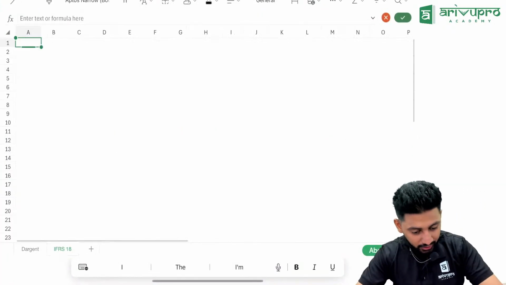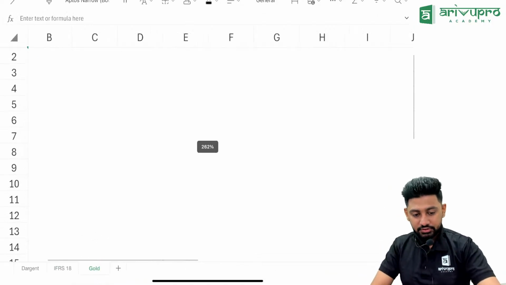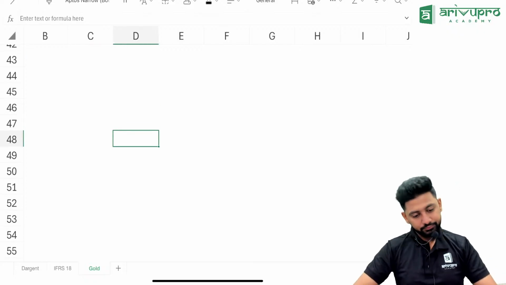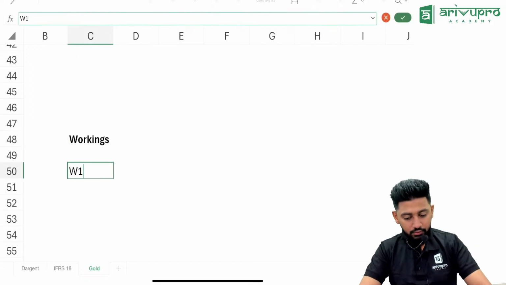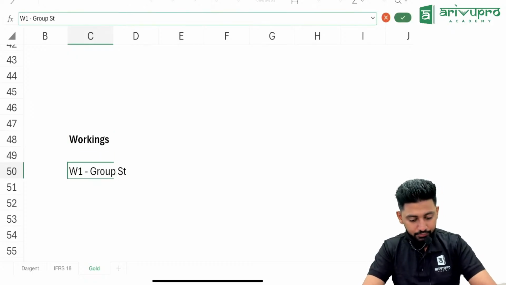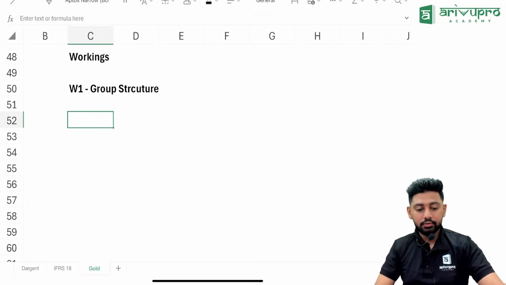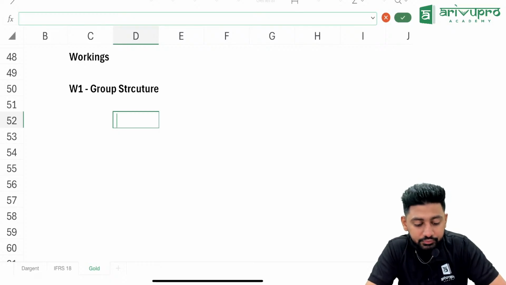As always, I will go to my statements and leave about 40-50 lines for workings. Working one, group structure, that will not change. Are we clear? Yes or no?